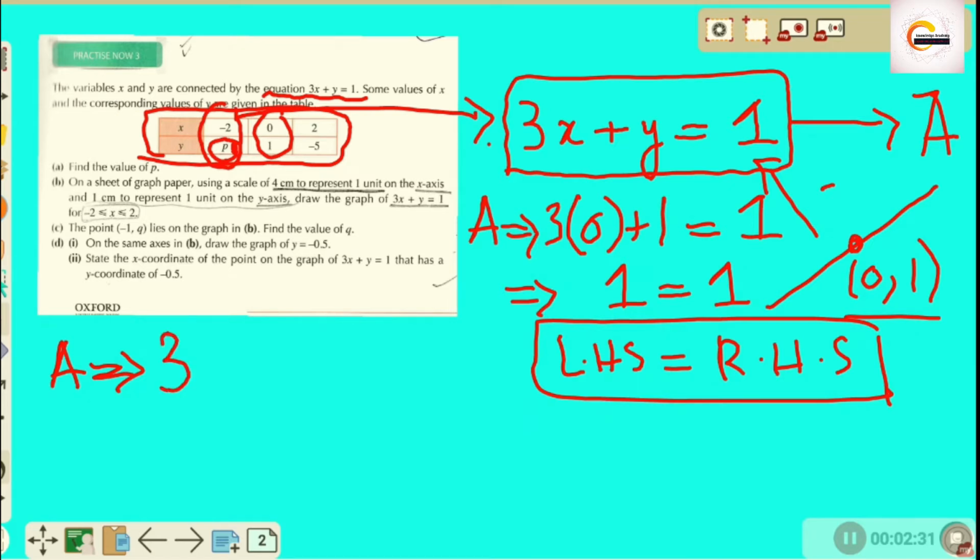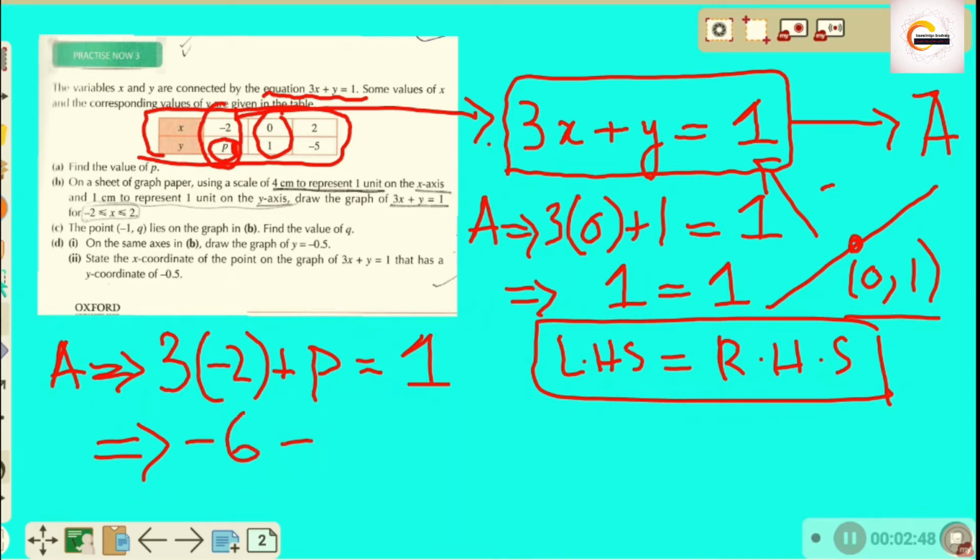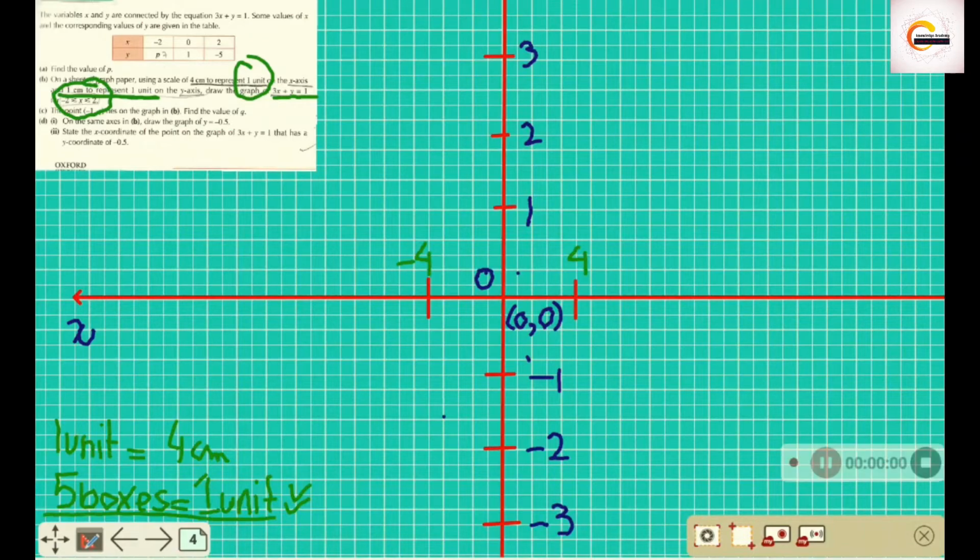So 3 times the value of x, which is -2, plus y, which is p, and this is 1. So all the values are known except p. -6 plus p is equal to 1, which means p is equal to -7.